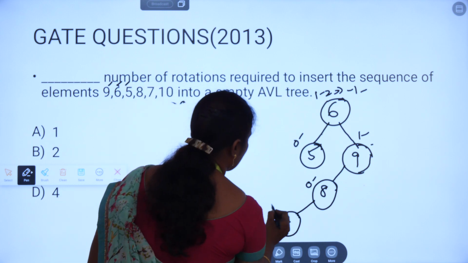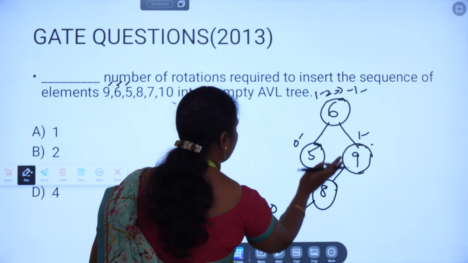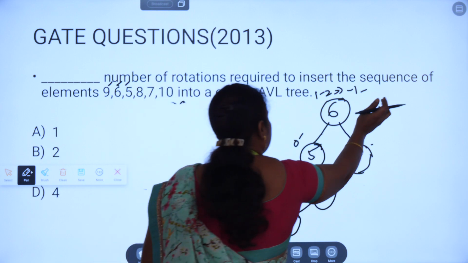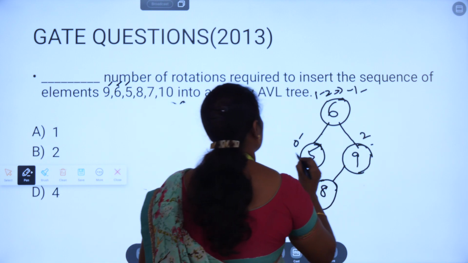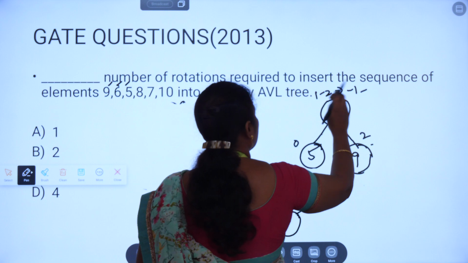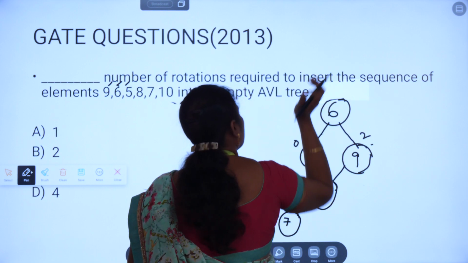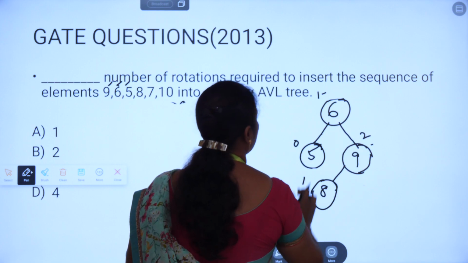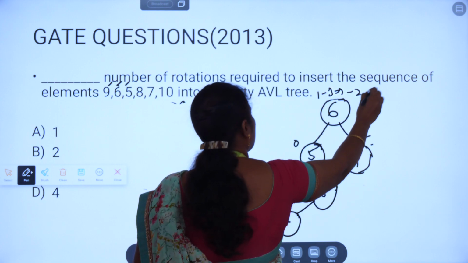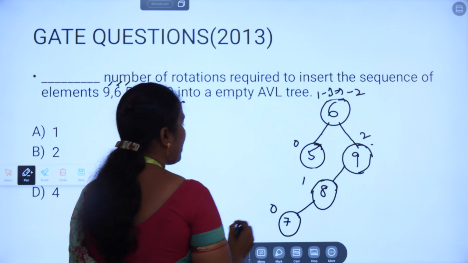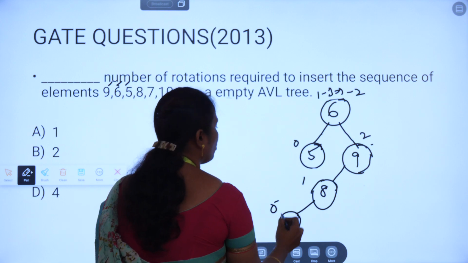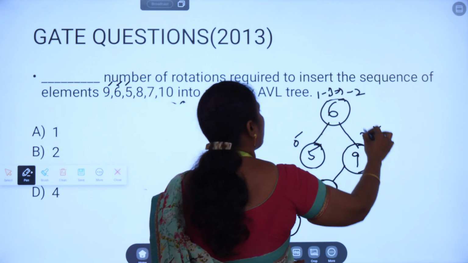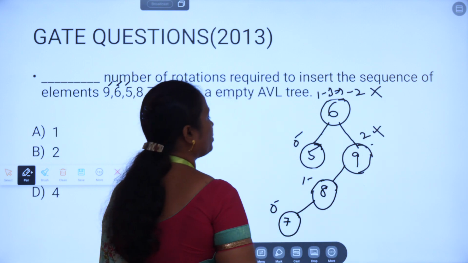Now calculate the balance factor: 0, 1, 2, 0, and this 1 minus 1, 2, 3, minus 2. Now check the balance factor of all the nodes. 0 okay, 1 okay, 0 okay, and 2 is not okay, and this minus 2 is also not okay.